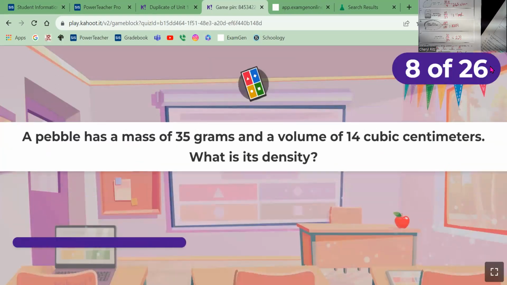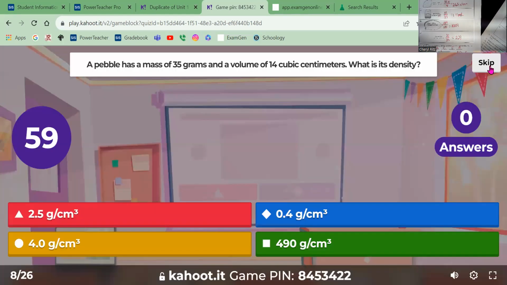A pebble has a mass of 35 grams and a volume of 14 cubic centimeters. What's its density?